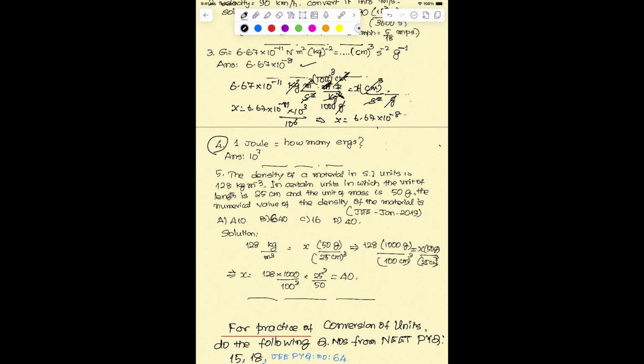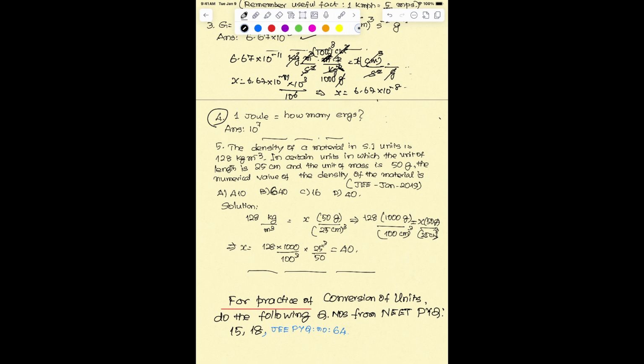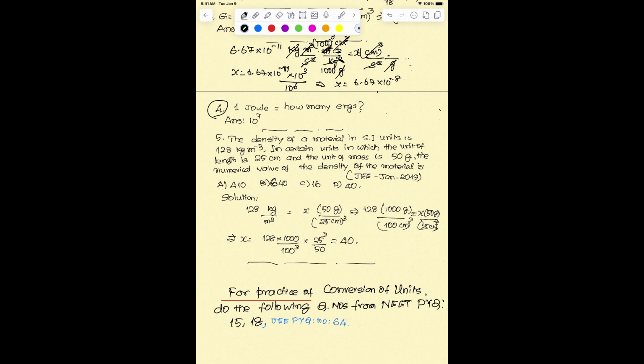Right? Now, then we go to the fifth one, also a past asked question, JEE January 2019. Now how to do it is being shown here. You can see it. That is, the density of a material is given in SI units as 128.